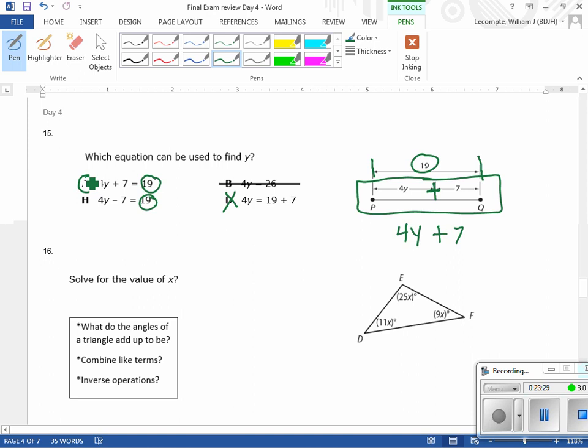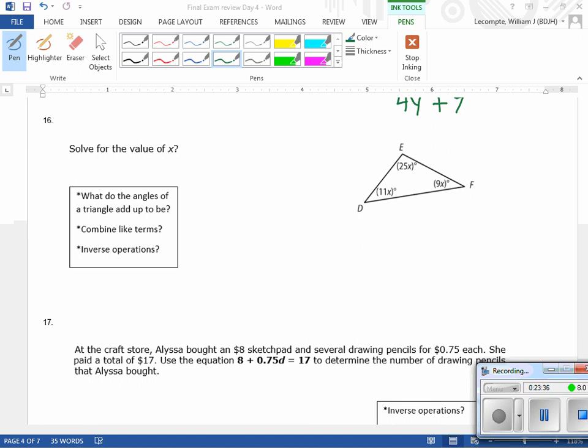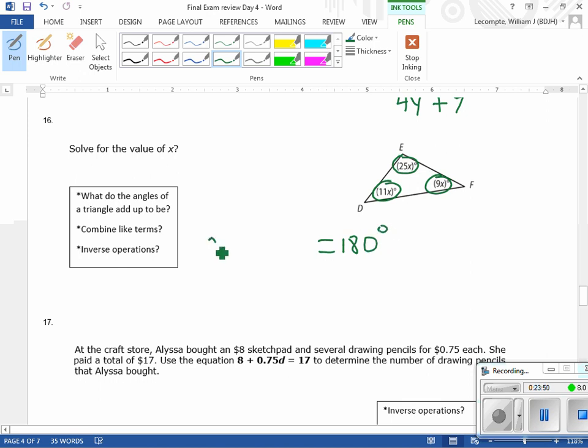Number 16, solve for the value of x. We have a triangle. All triangles, angles, equal, when you add them all up, 180 degrees. Right, so I have 25 x's plus 11 x's plus 9 x's.